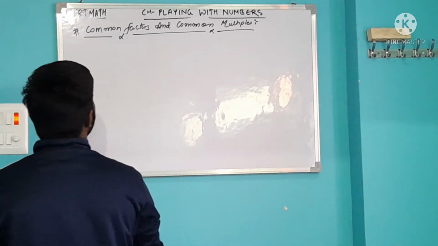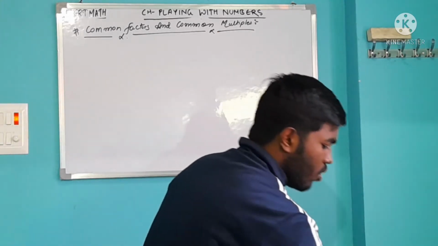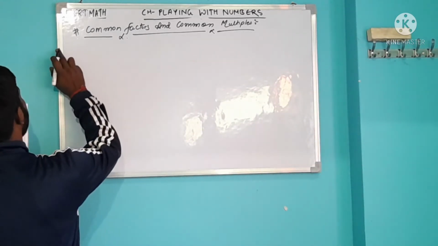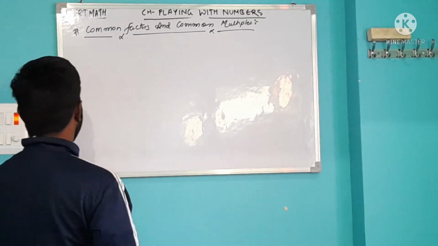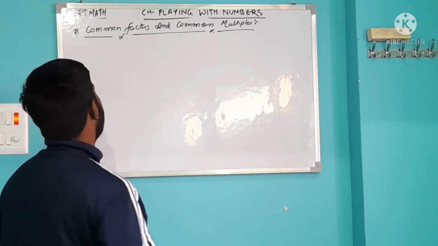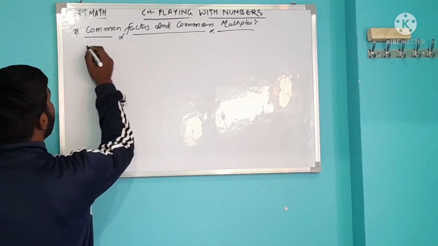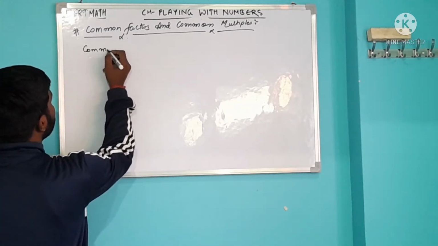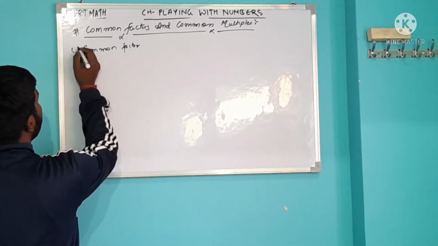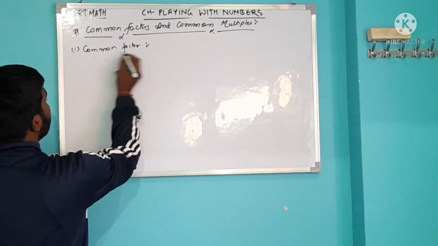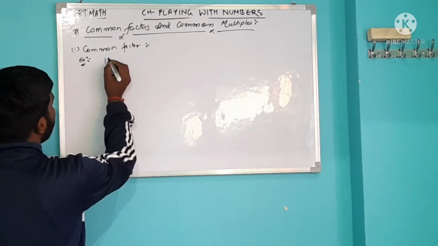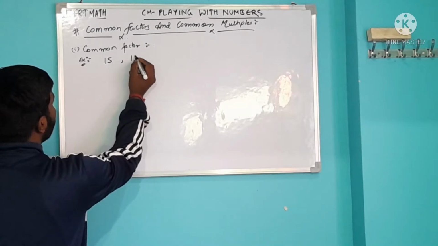We already know what factors are. The factors are those numbers which divide the given number. Like in common factors, by taking an example, we have two numbers, 15 and 12.